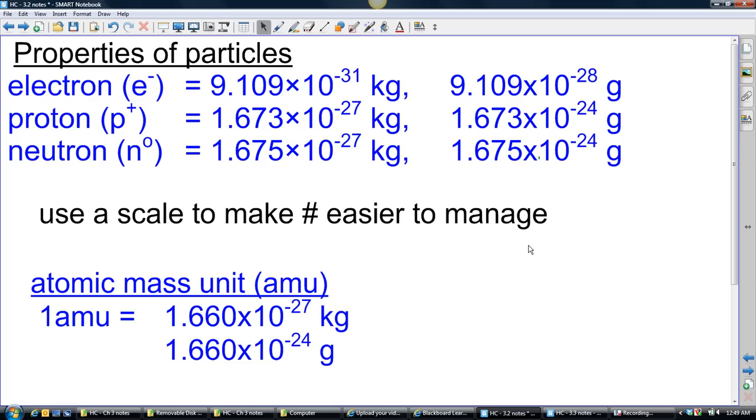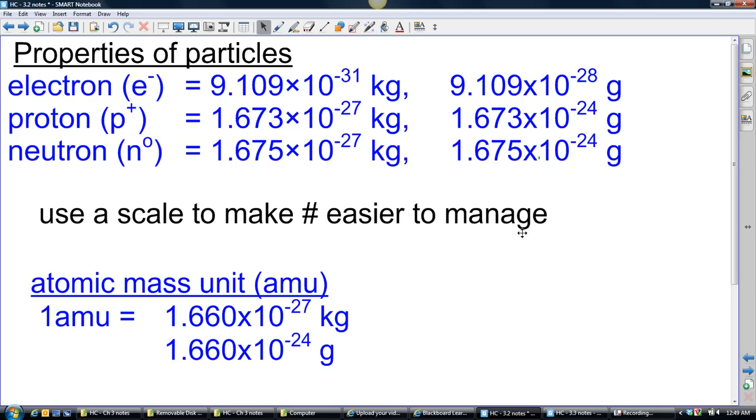So what do we use? We measure in miles. Again, as they started to discover and learn more about the properties of the particles within an atom, they realized it doesn't do us any good to talk about kilograms and grams of these particles, because they're so small that we need another scale that makes those numbers more manageable.